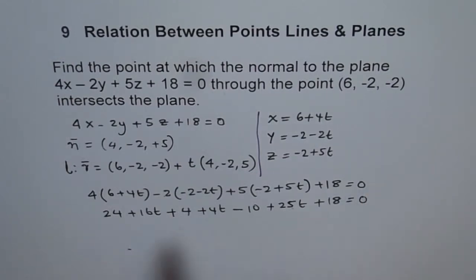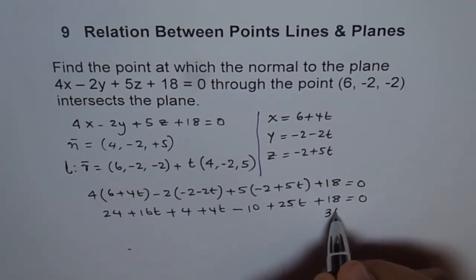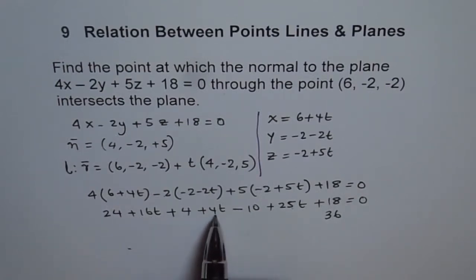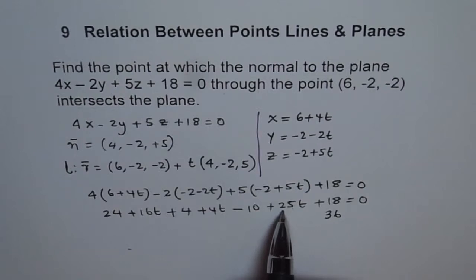Now let's combine the numbers. 24 plus 4 is 28, 28 minus 10 is 18, and 18 plus 18 is 36, so we get 36 as the number. As far as t's are concerned, 16t plus 4t is 20t, 20t plus 25t is 45t.